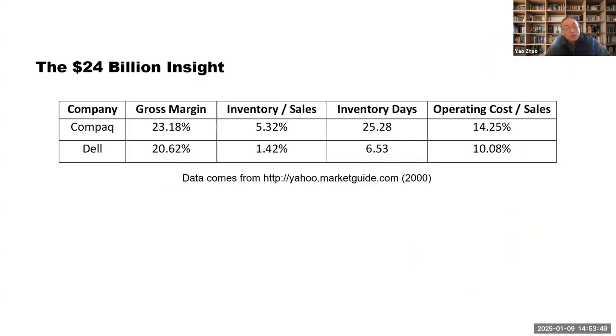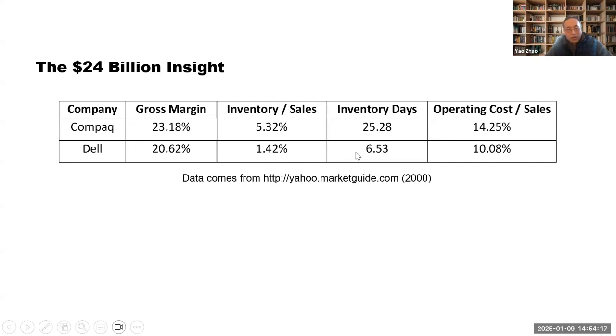And here's the $24 billion insight. Looking at this data, you could find a deep secret. Compaq clearly understood what was going on and sold itself for $24 billion. The buyer and most everybody else, of course, didn't really understand this data and made the wrong decision.